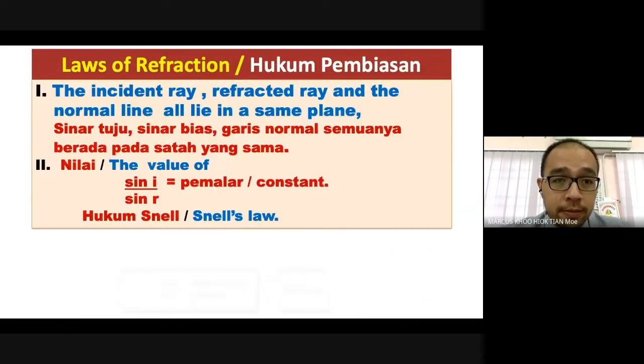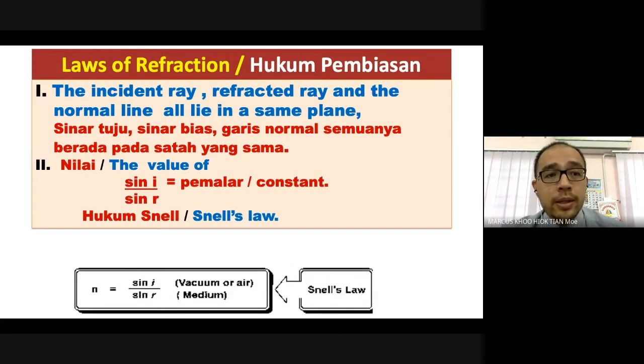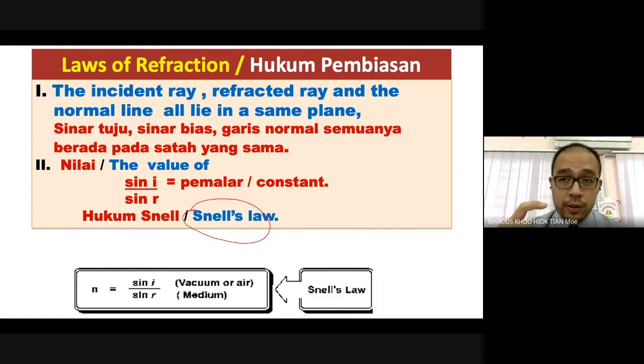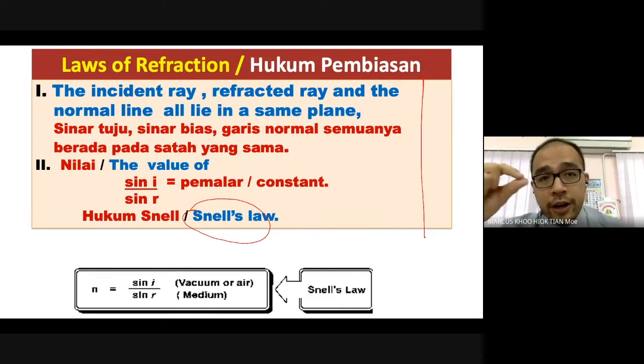So the law of refraction says this. Number one, the incident ray, the refracted ray and the normal line all lie on the same plane.